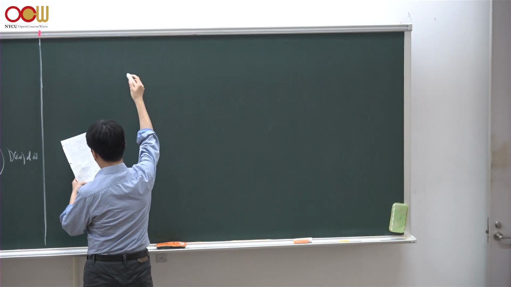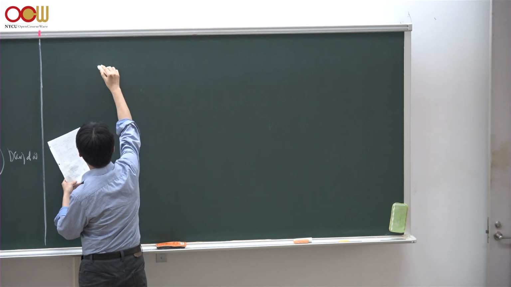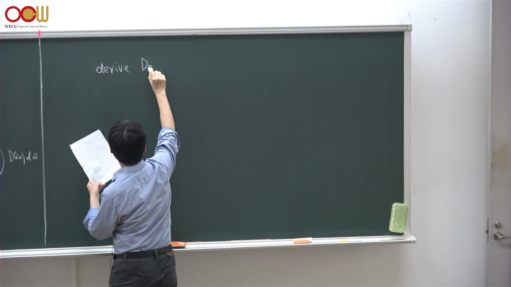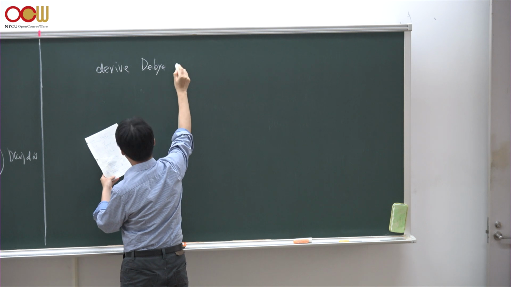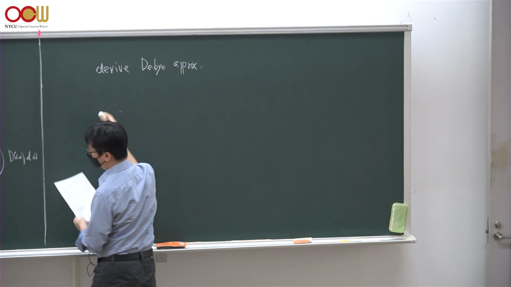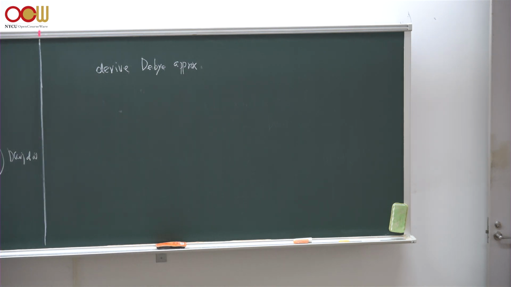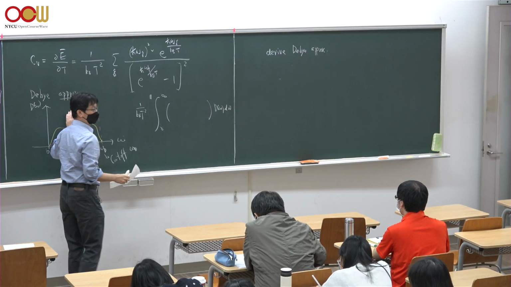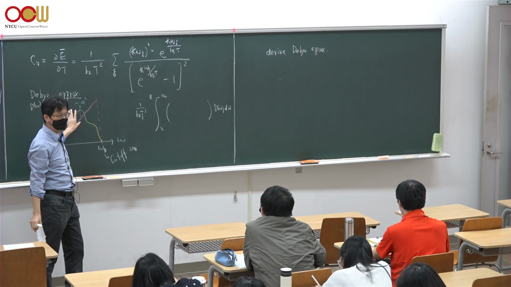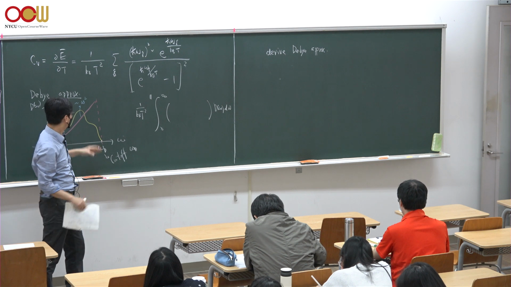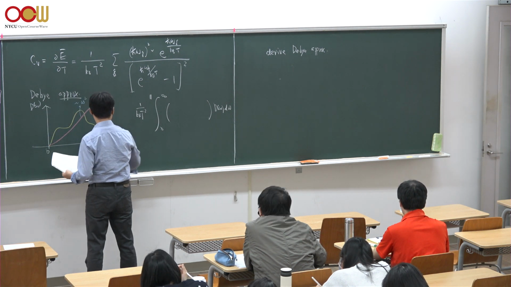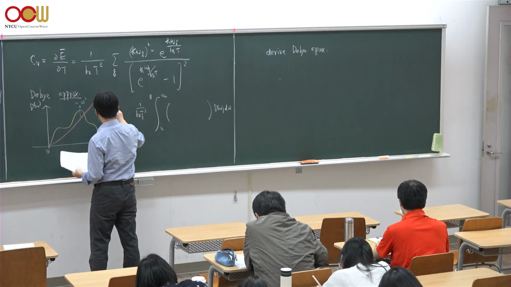And we could further qualitatively derive the Debye approximation. This quadratic behavior of the density of states of phonons comes from the acoustic phonon branch that we mentioned many times.